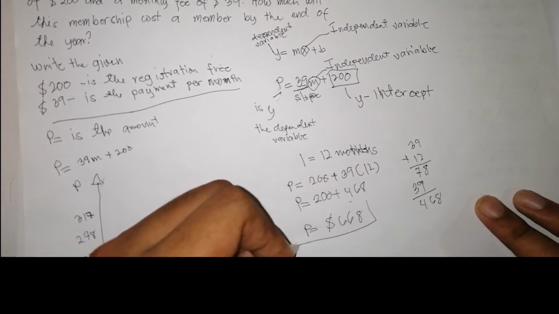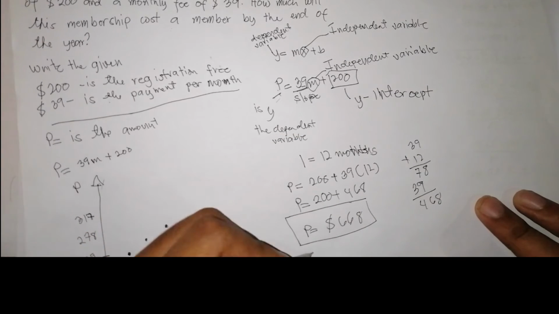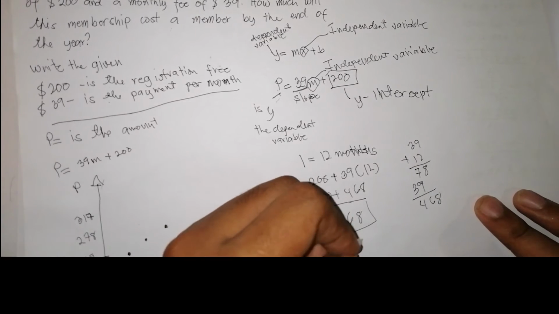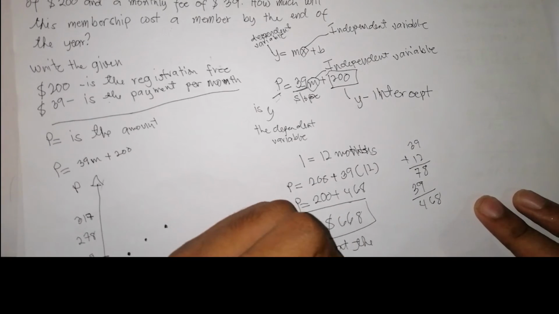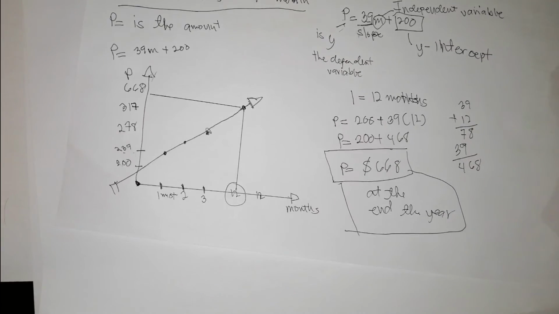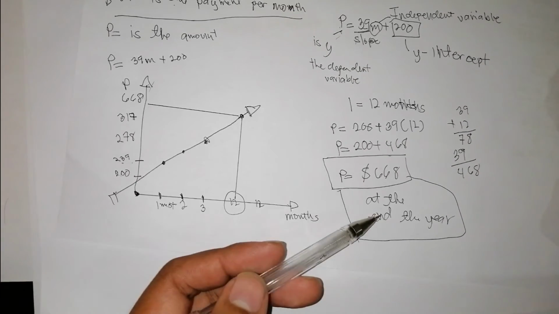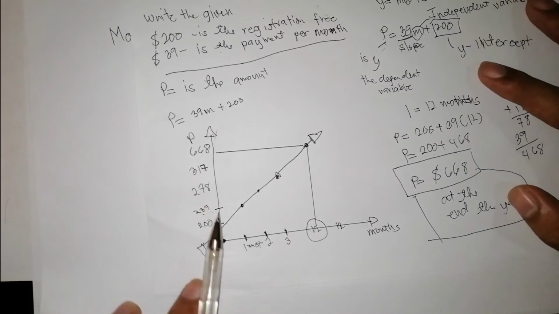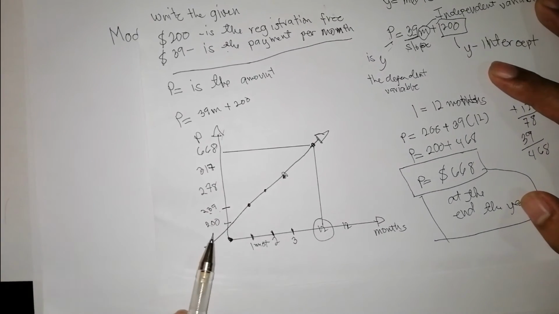This is the amount that we pay at the end of the year. So guys, here is our final answer. Then I'm going to show you the graph of this. First is the registration, 200.